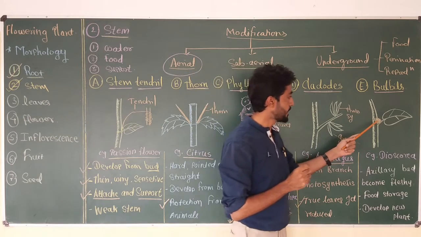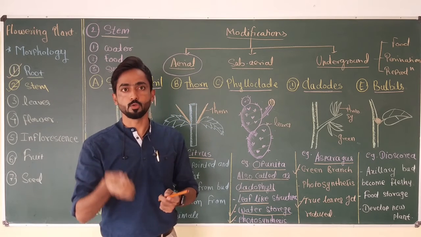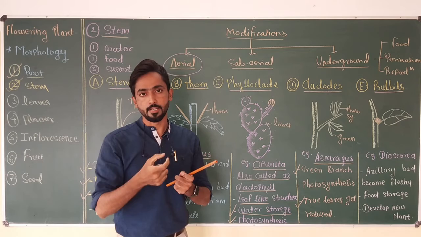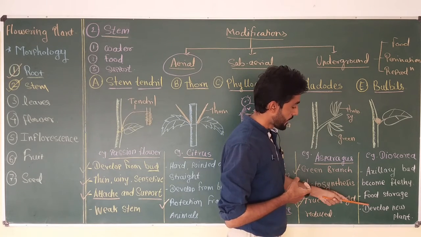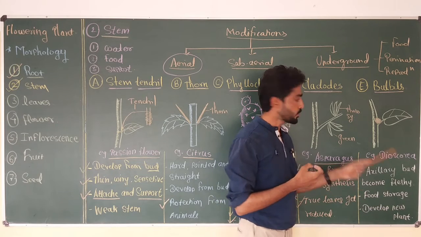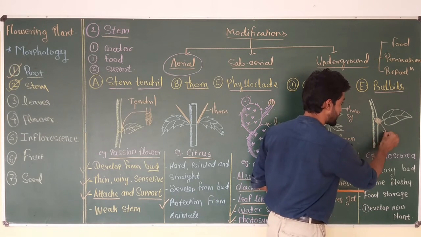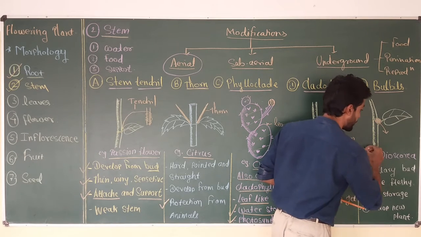And why does this happen? Because of storage of food material. That means due to food material accumulation, the axillary bud becomes thick, fleshy, and rounded, and now this axillary bud can develop a new plant. Due to the increase in weight or mass, the axillary bud gets detached or separated from the main stem, and then it falls on the ground.